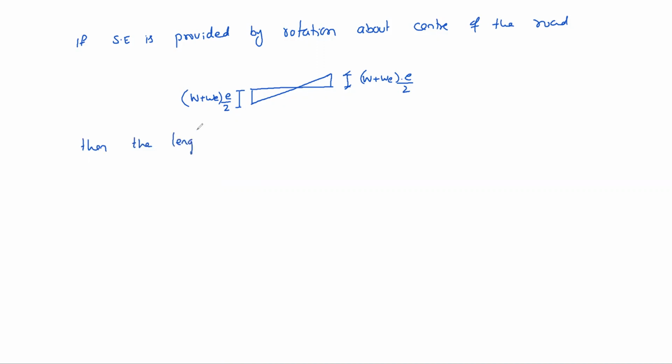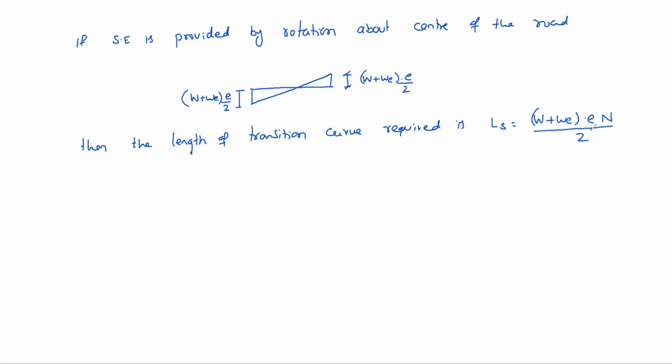Then the length of transition curve required is LS equal to W plus WE into E by 2 into n, that is, n whole divided by 2.